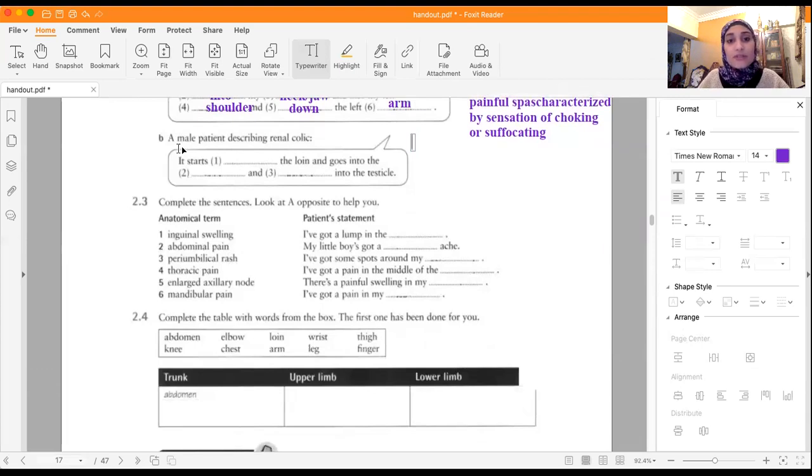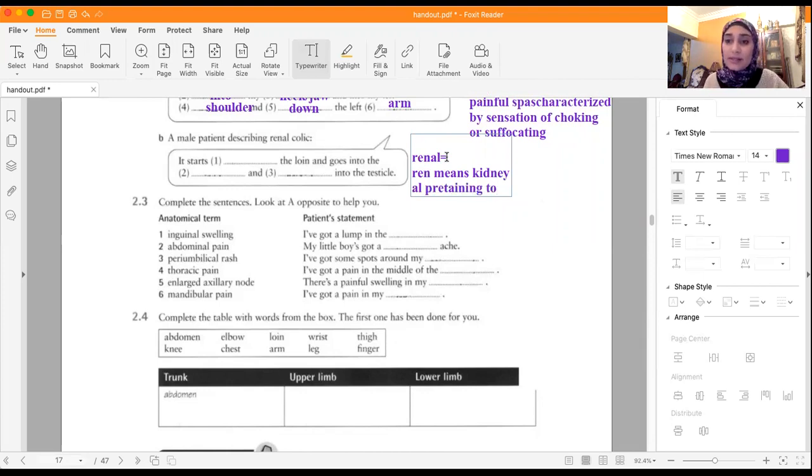A male patient describing renal colic. So we said last time, what is the meaning of renal? We said last time that the prefix ren or reno means kidney, or pertains to kidney, and al means pertaining to or related to.